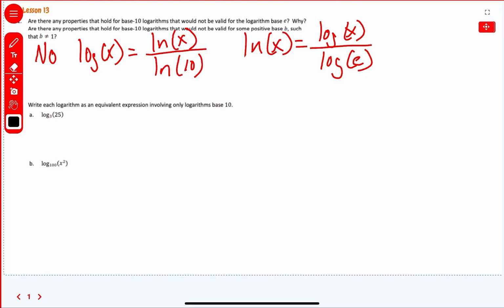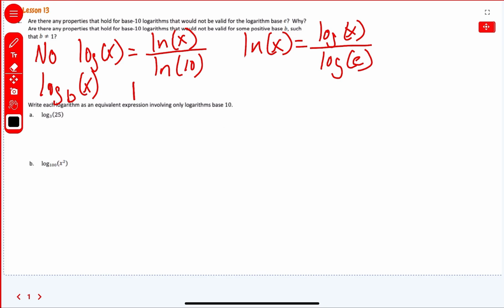Except for when b is equal to 1. The only problem we would run into is if we had a log base b of x.